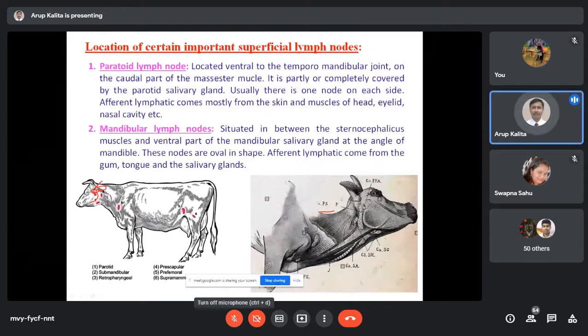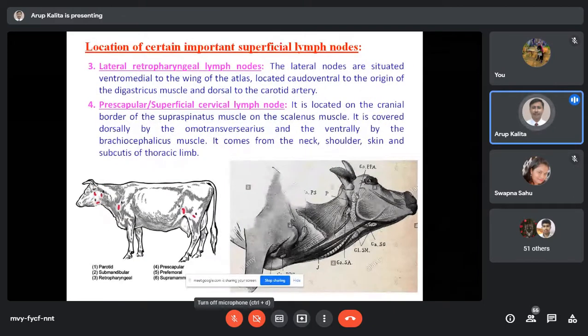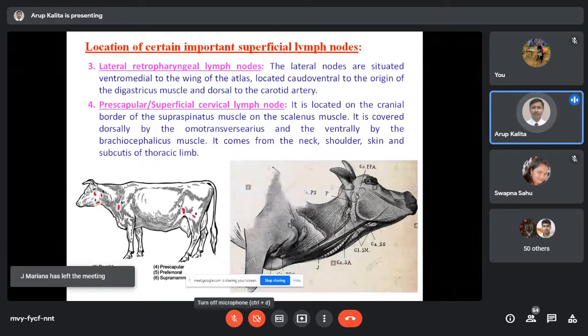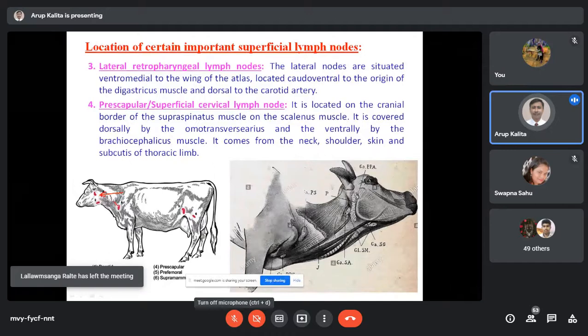The mandibular lymph node is this one. This is the mandibular lymph node position. Then the third one is the lateral retropharyngeal lymph node. Number 4 is the prescapular lymph node.